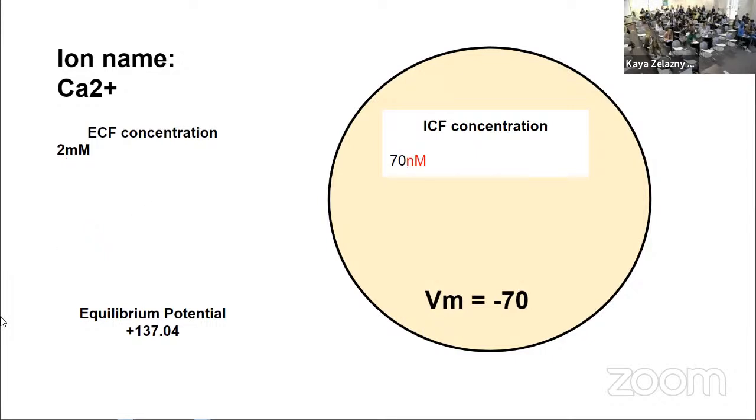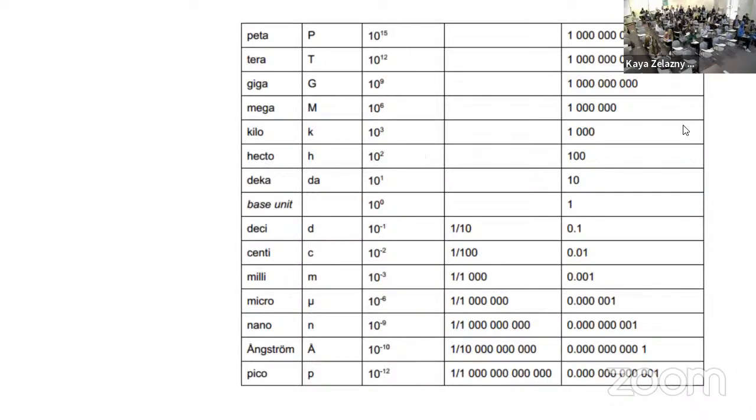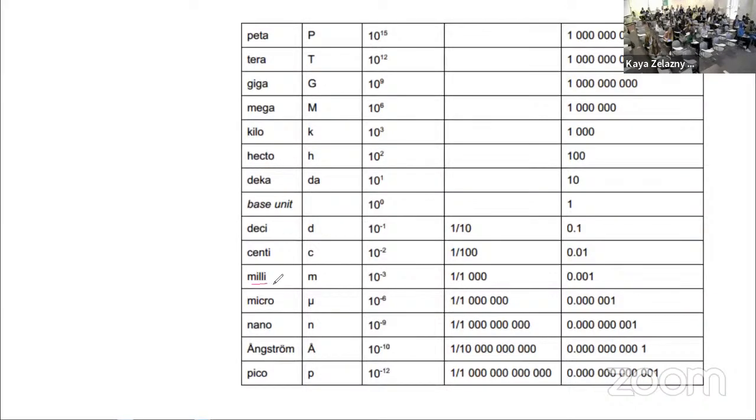Okay. So reminder, when we're converting, we can use conversion tables like this. Most of these concentrations were in millimoles with an M, but that ICF for calcium was given in nanomoles, with an N. All right, so we are much, much smaller if we're looking at a nanomole.